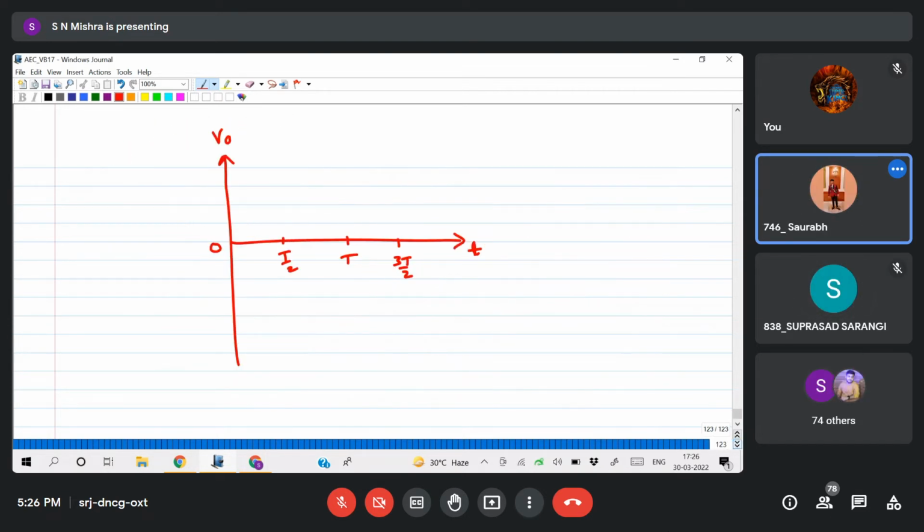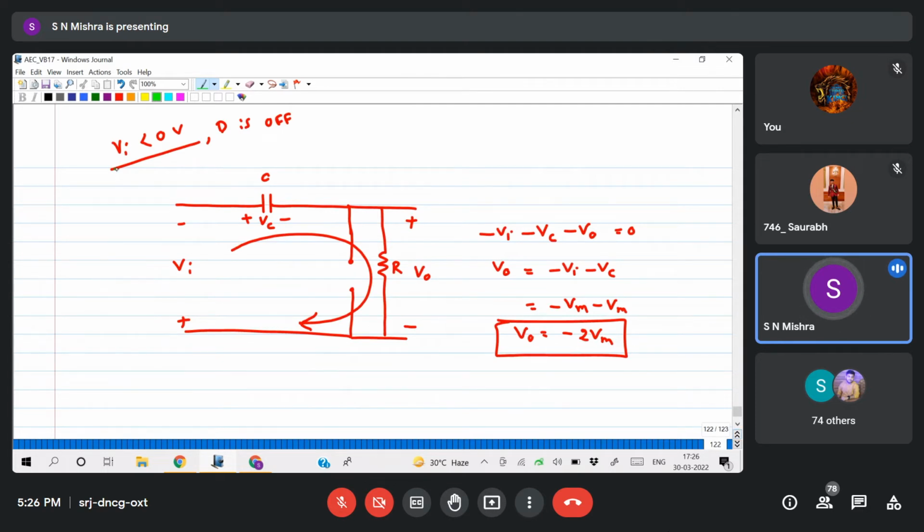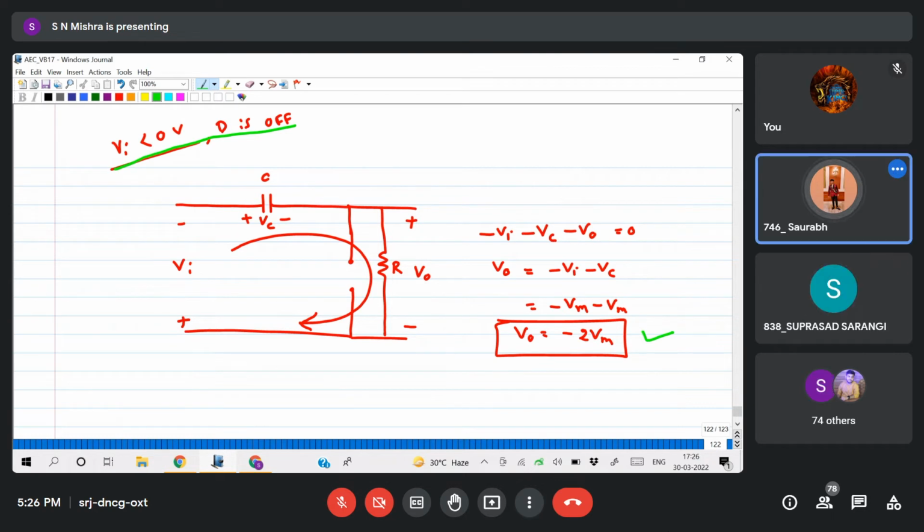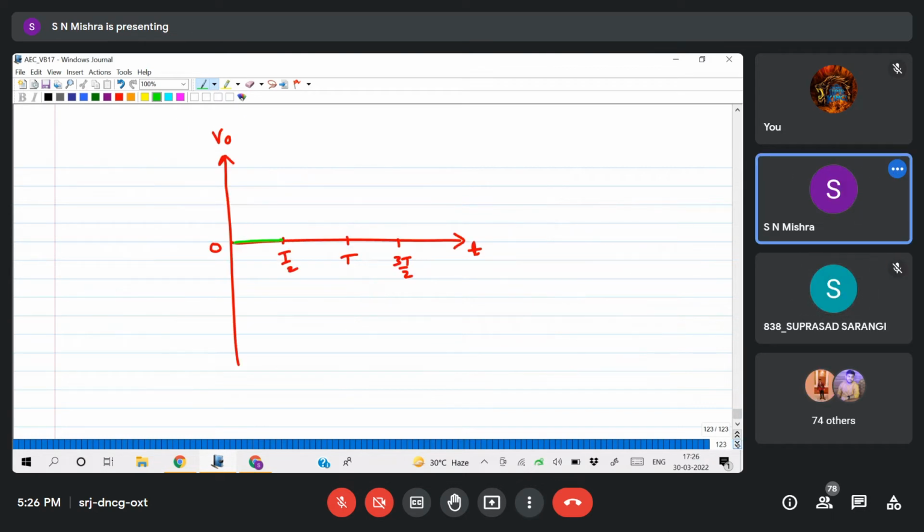For the negative half cycle, when Vi is less than 0, the output voltage is minus 2 Vm. Again 0, again minus 2 Vm. Like that it will continue.